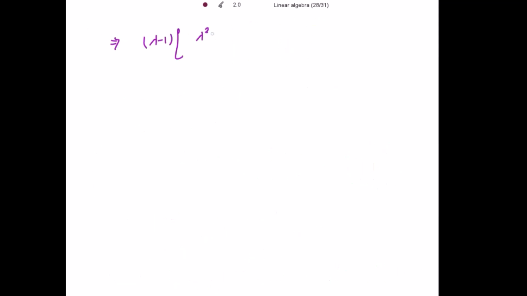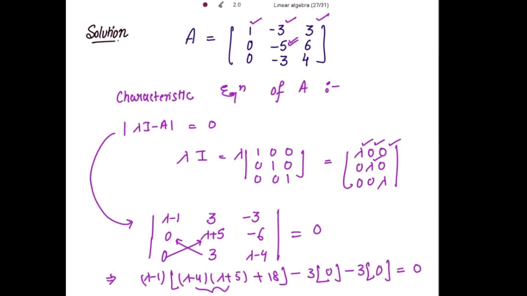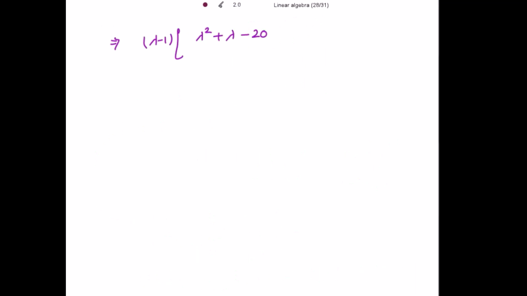So this is lambda square plus lambda minus 20 plus 18. So that is minus 2 equals to 0.